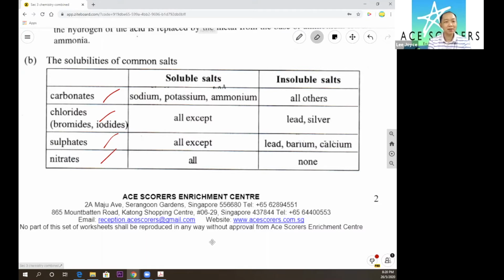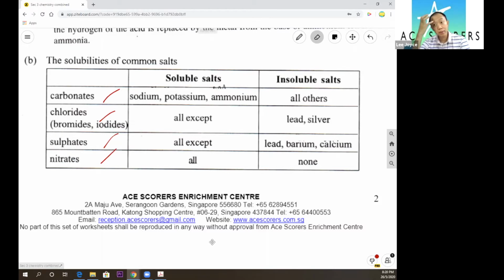Every time I come to this chapter, I try to memorize, then 2 weeks later it disappears because I don't use it every day. I only see my students once a week, and we don't do acid-base-salt every single day. But you all have to do it every day, so might as well memorize. Okay, let me try to re-memorize it.